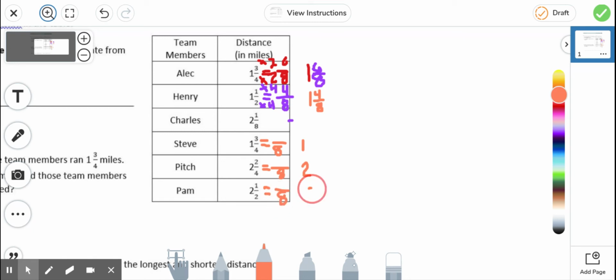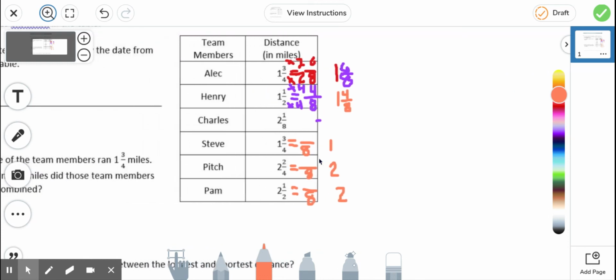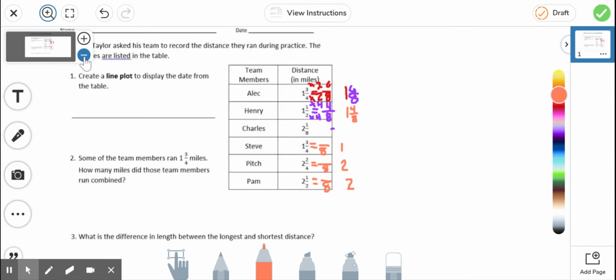And you're going to keep the whole, which is 2. So for these 3, you need to find the rule, figure out your numerator, and then add your fraction next to these numbers here. I'm not going to do the rest for you. You're going to do those on your own. Once you're done, I'll zoom back out here, you'll be ready to create your line plot.